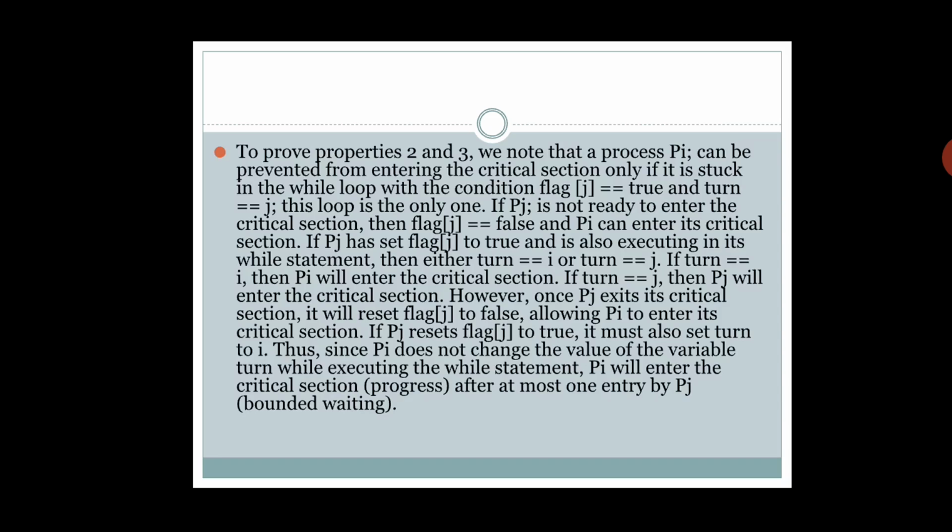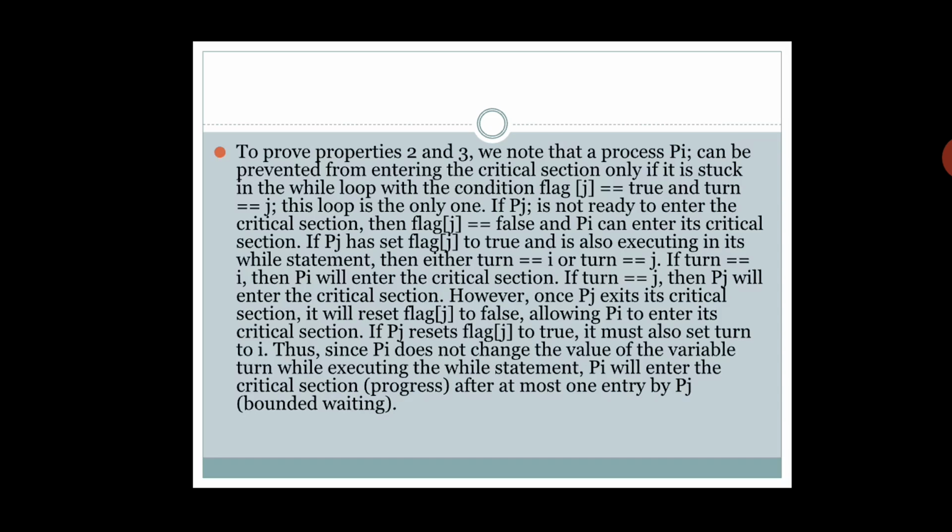Fine. Thus, since Pi does not change the value of the variable turn while executing the while statement, Pi will enter the critical section, which is progress, after at most one entry by Pj, which is bounded waiting. Because when flag[i] is set to true, Pi will be inside the critical section, then Pj has to wait for some time.